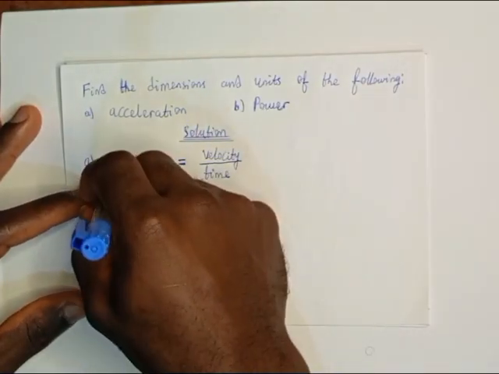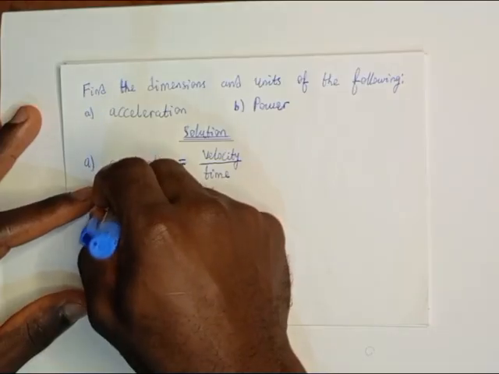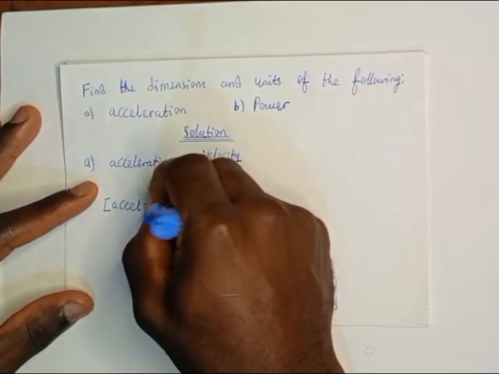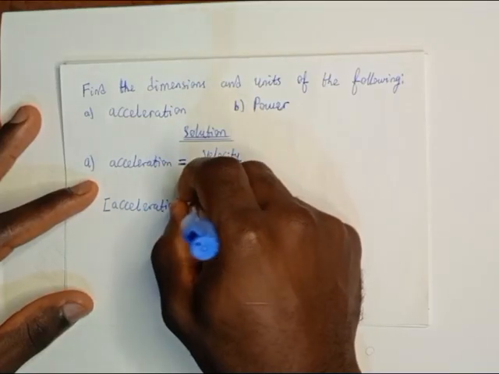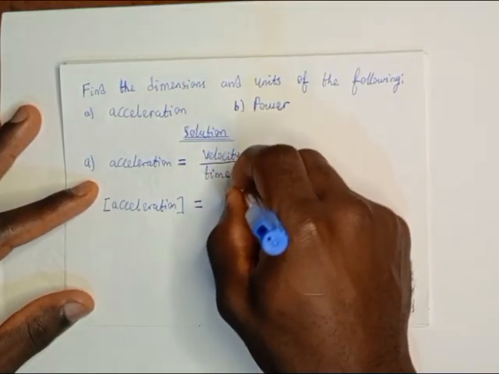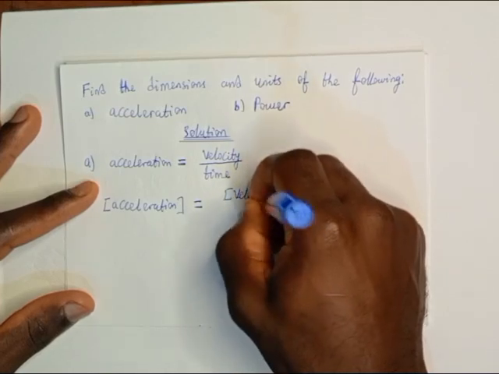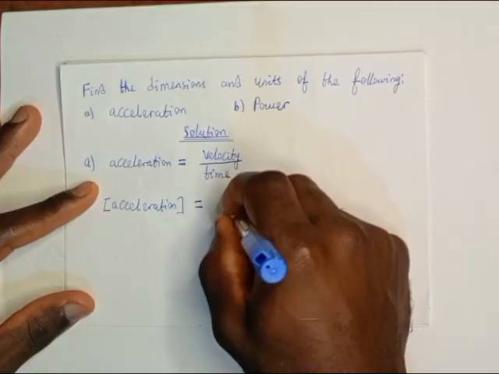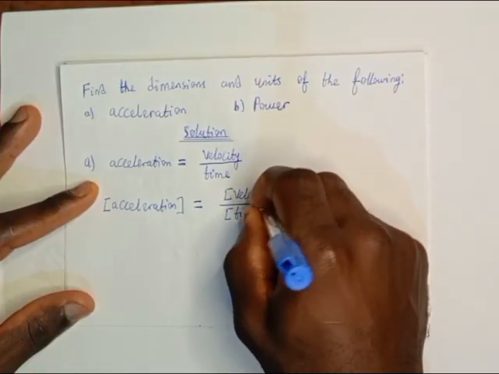It simply means if we have to find the dimensions of acceleration, it will simply be equal to the dimensions of velocity all over the dimensions of time.